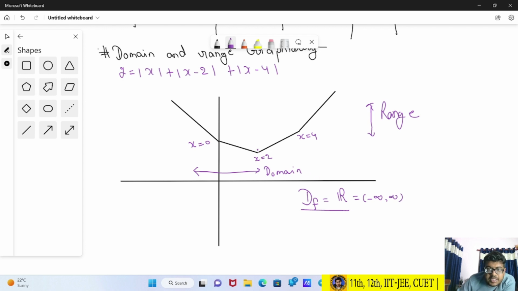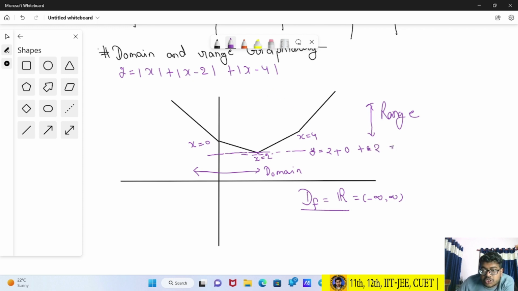And for the range, this is the lowest point. Here x is equal to 2, so put x is equal to 2, so y gives y is equal to 2 minus 2, 0, plus 0, plus 2 minus 4, it means minus, it comes with a positive value, so plus 2.